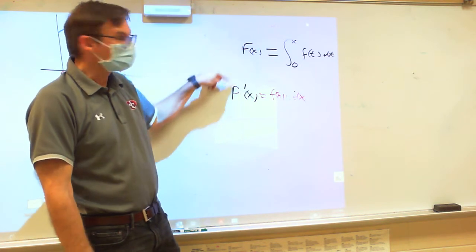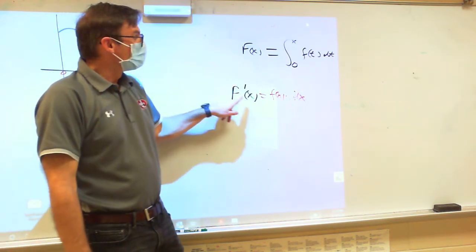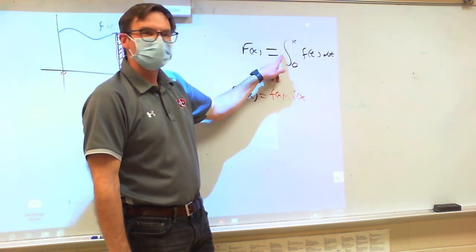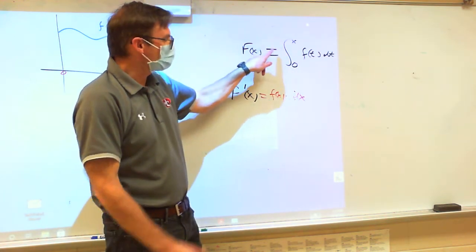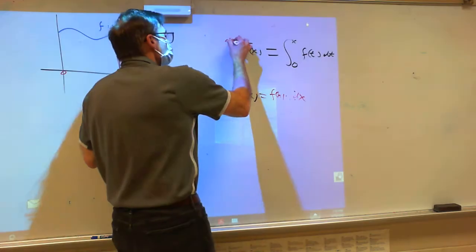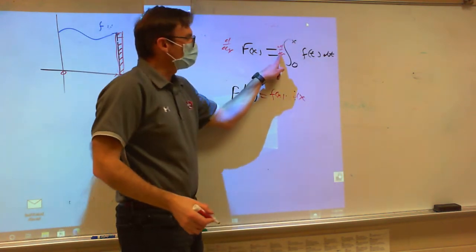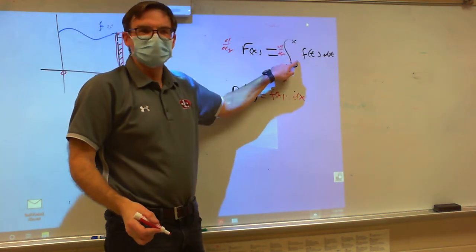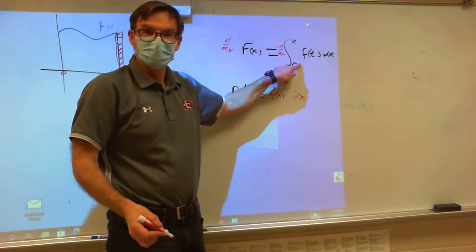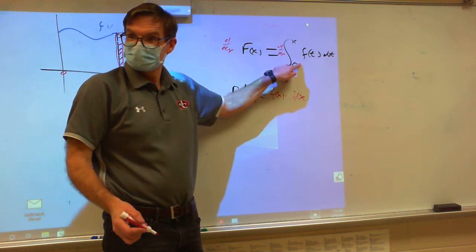If you look at the left, it looks like we took the derivative of the left. And if I take the derivative of the right, do you see how it looks like the derivative canceled out the integral sign? Everybody see that?